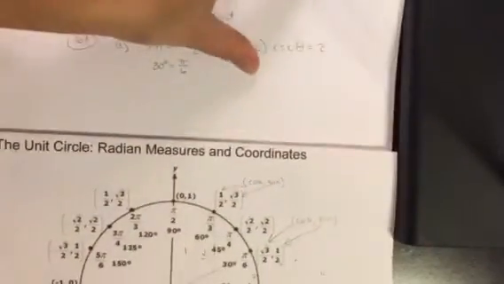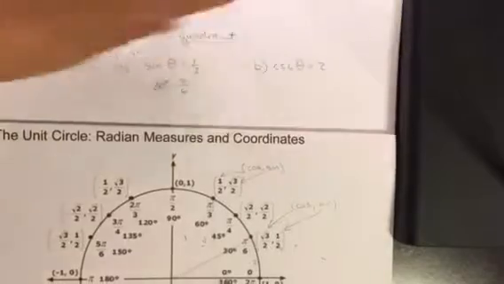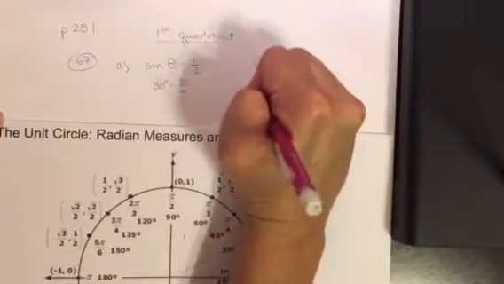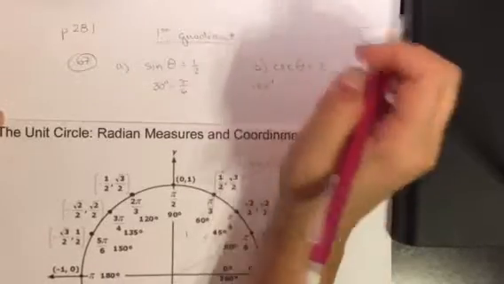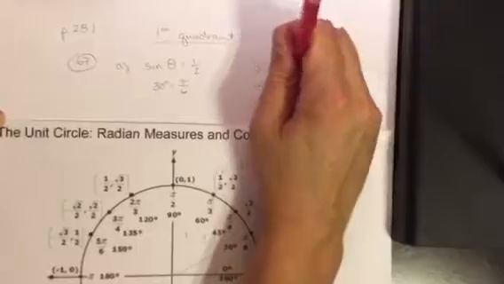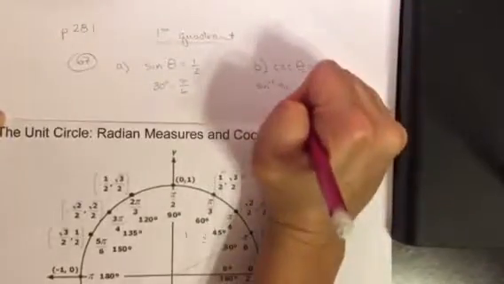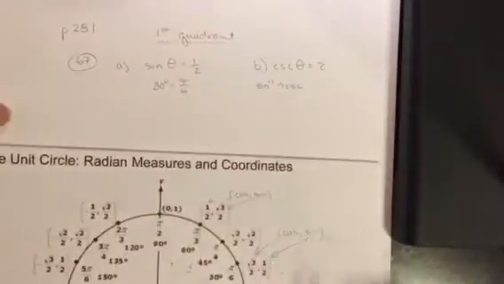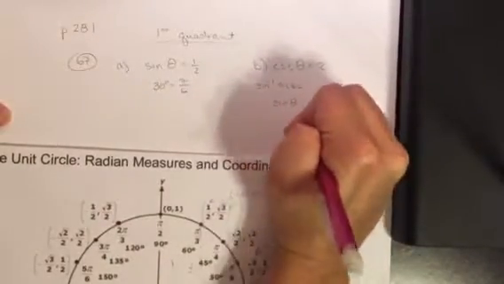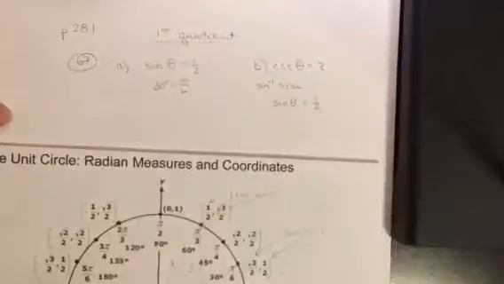Okay, so cosecant, let's think about what this means. Cosecant, remember, is the reciprocal of sine. So sine to the -1 is cosecant. So then likewise, if cosecant is 2, sine of theta is going to be 1/2.